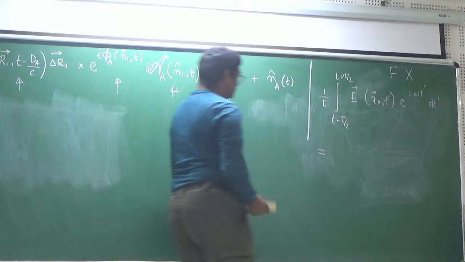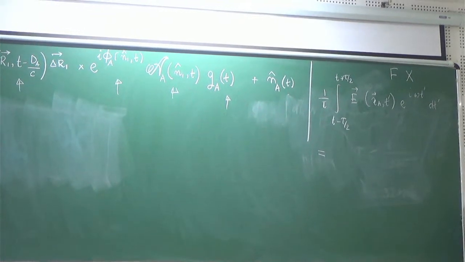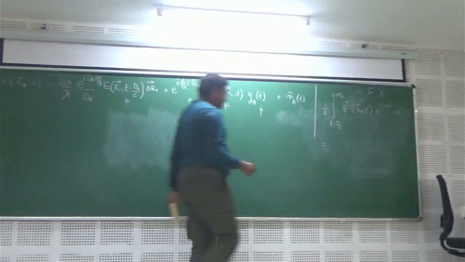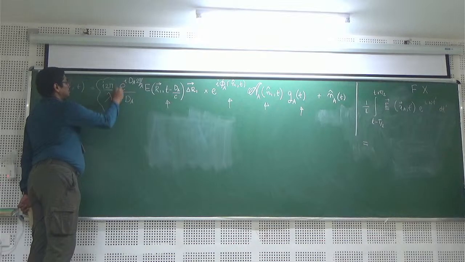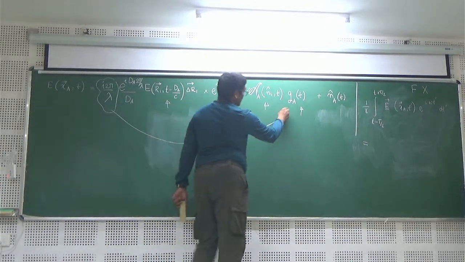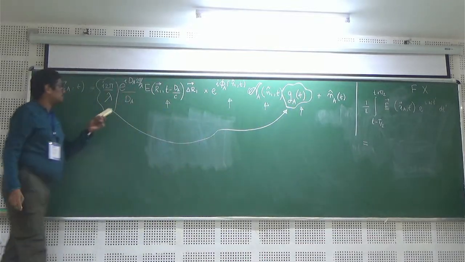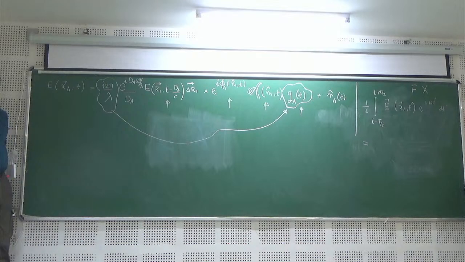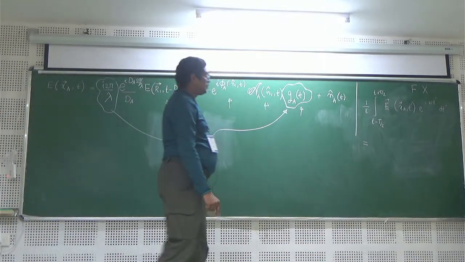As I said, everything else goes out of the integral. So let me do one more thing, which is that I club this, it's just a number, club it with GA. I call that entire thing G as a function of T.